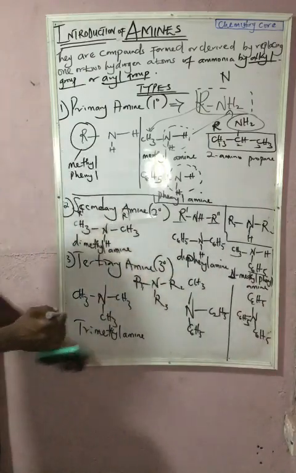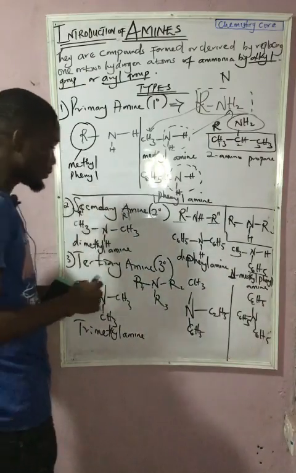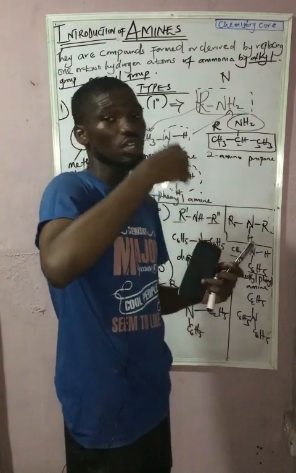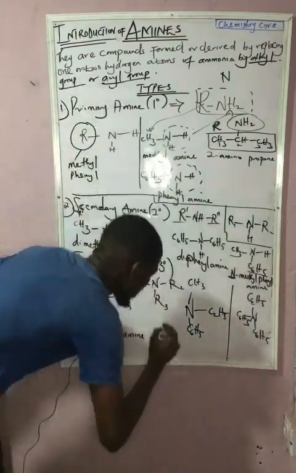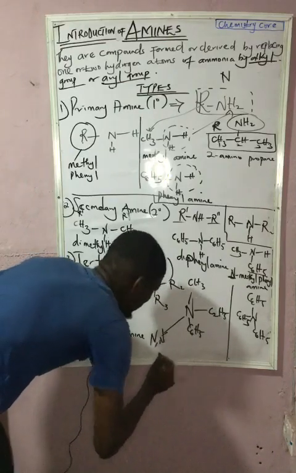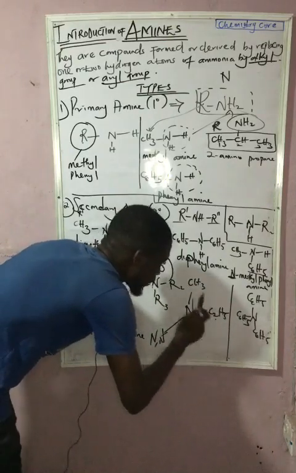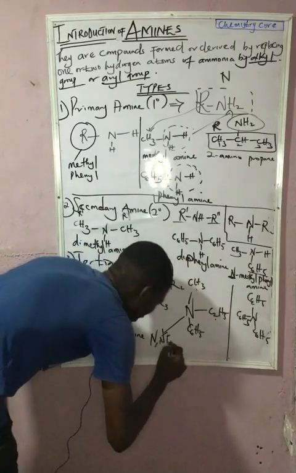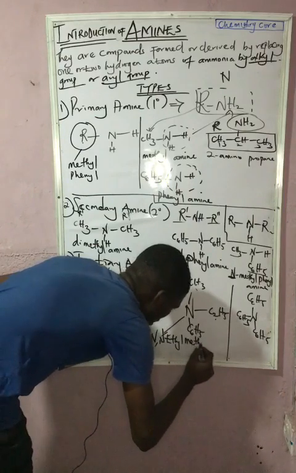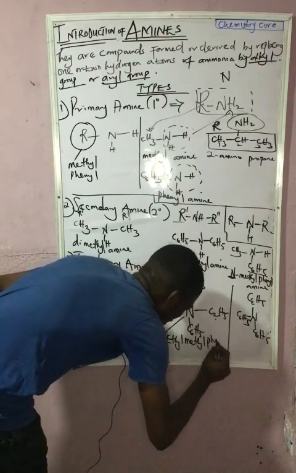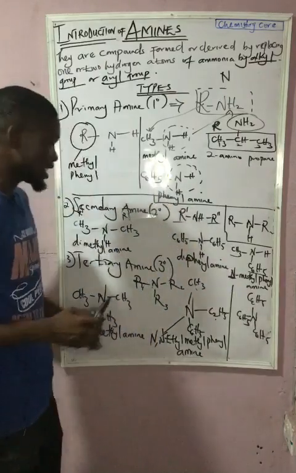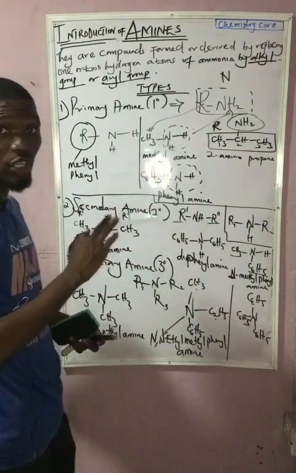Three phenyl. So now if you are to name this compound, and mind you, when naming any organic compound, don't forget the rules. You have to name alphabetically. So we have N, N, ethyl comes before methyl. So we say N-ethyl-N-methylphenylamine, because it is three different alkyl groups being attached.